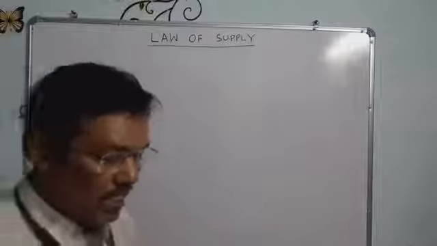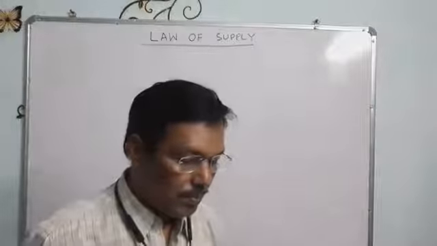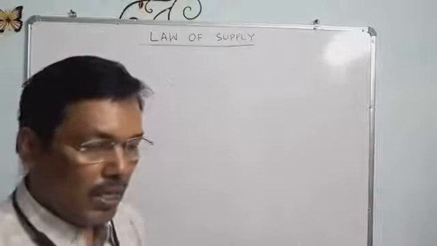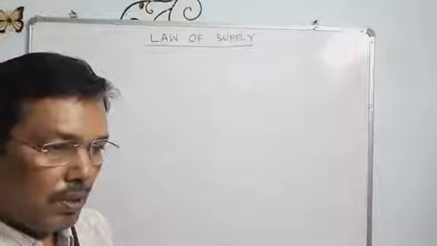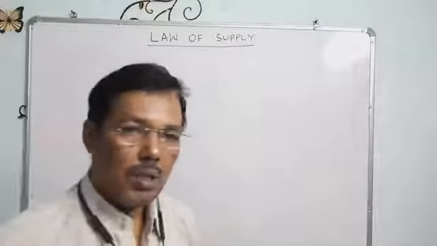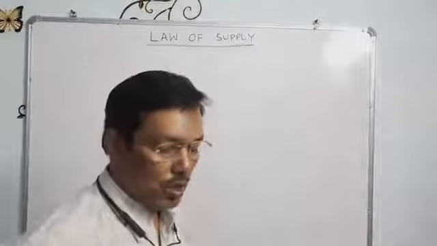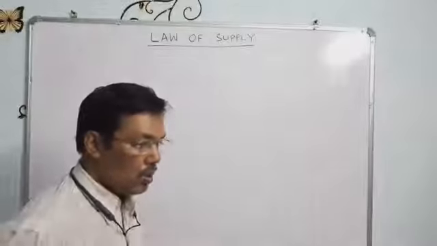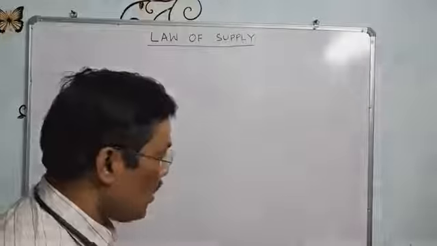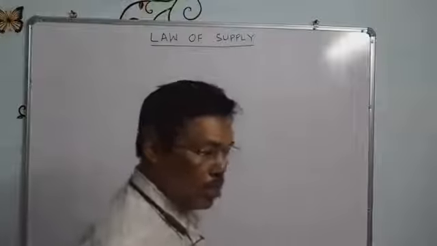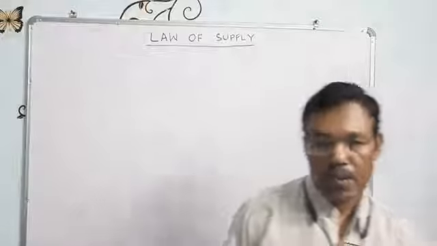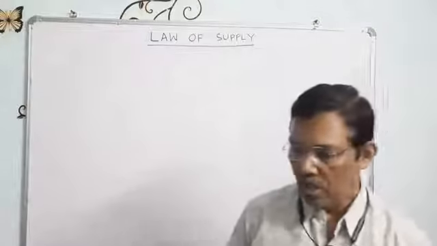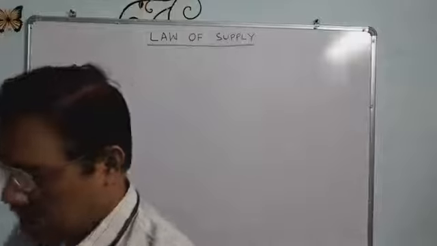Law of supply states the relationship between price of a goods and quantity of the same goods, or we may say the relationship between price of the X goods and quantity supplied of the X goods.